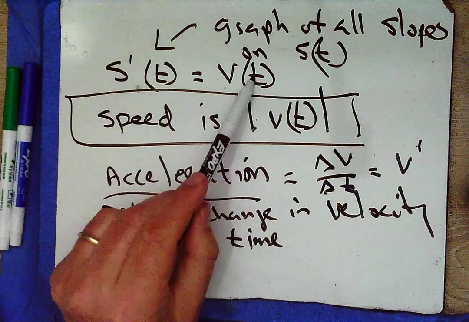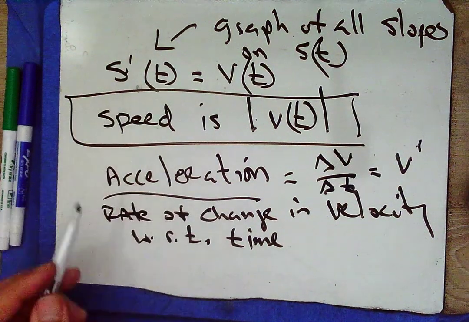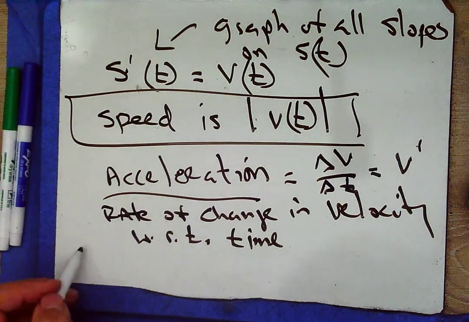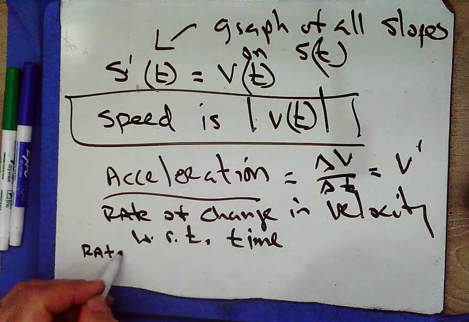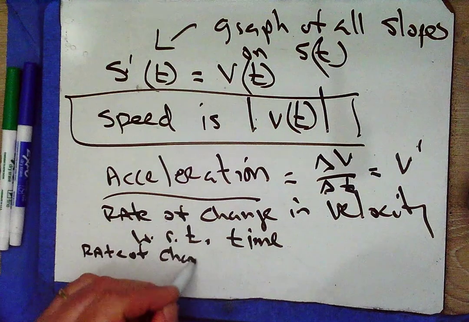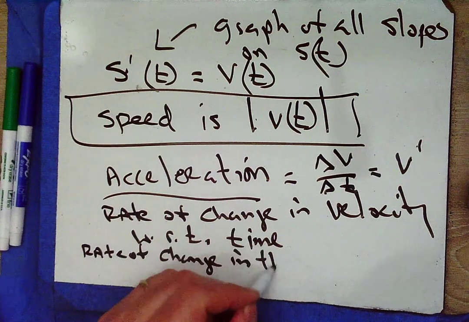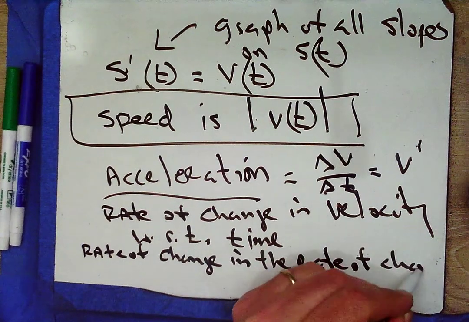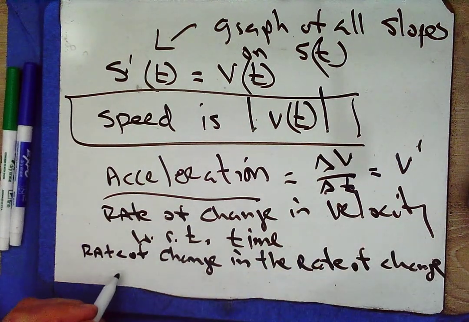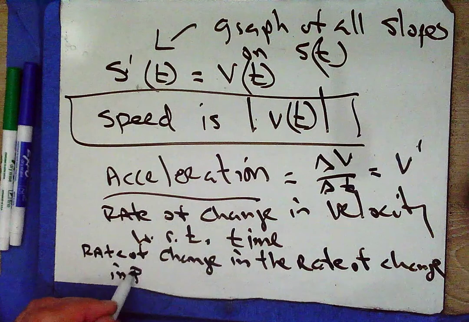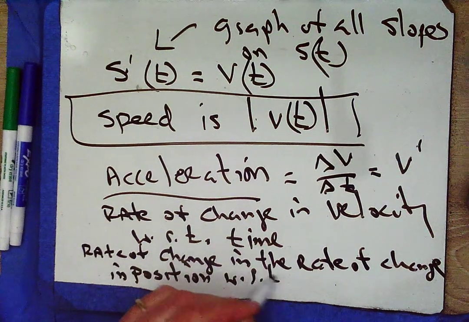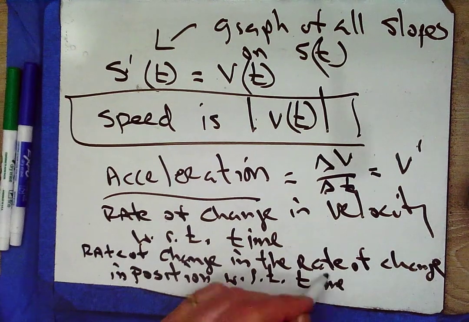And since velocity is the slopes on position, then we could actually define acceleration to be the rate of change in the rate of change, no, it really is that, in position with respect to time.